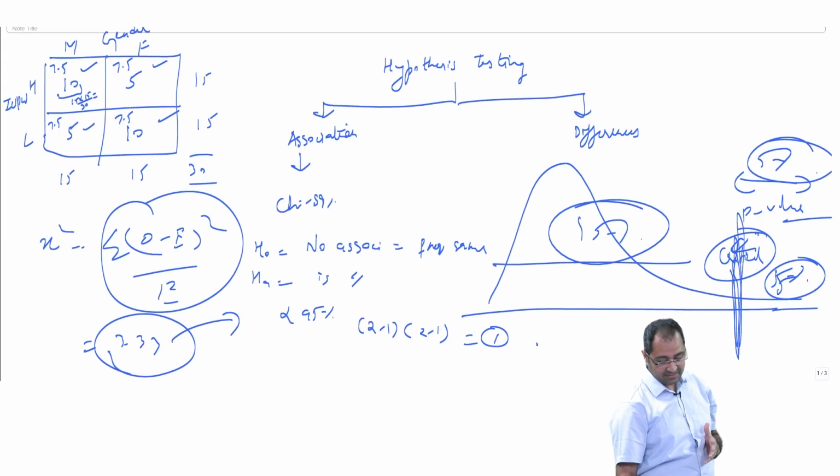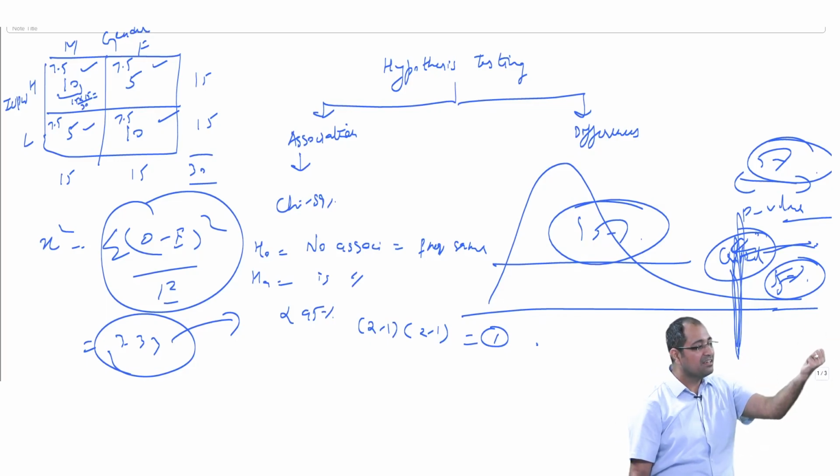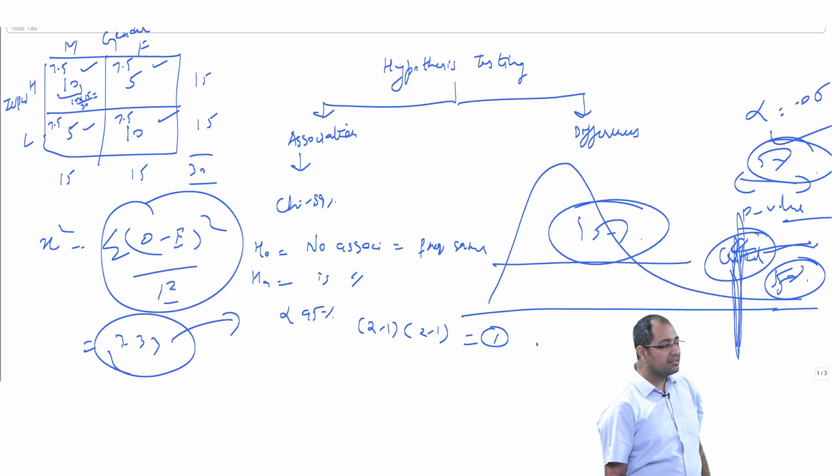then we reject. So higher than the critical value, the p-value is the probability that you will select a sample that has a chi-square value greater than this critical value. That is the probability, how much probability there is. So alpha, we say alpha is 0.05, which means 5% probability, which is p equal to 0.05.